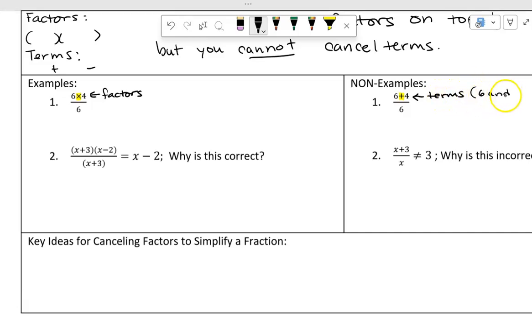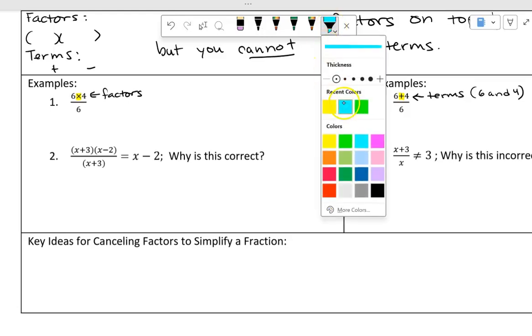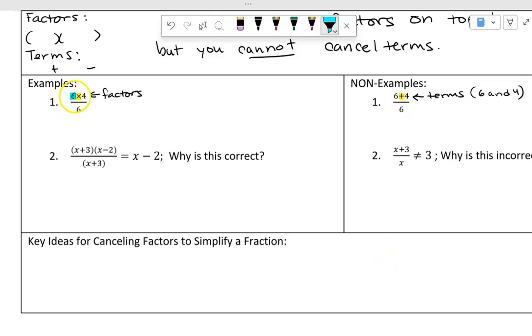6 and 4 are terms. Factors can cancel on top and bottom. Terms cannot cancel on top and bottom. So when I head to example 1, I see that I have a matching set of factors that can cancel on top and bottom. And I'm left with the answer 4 over 1, or just 4 after canceling.